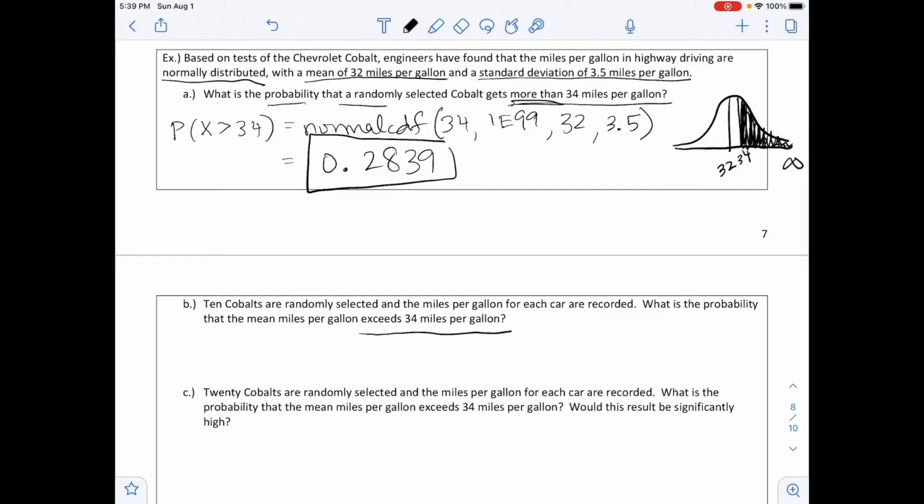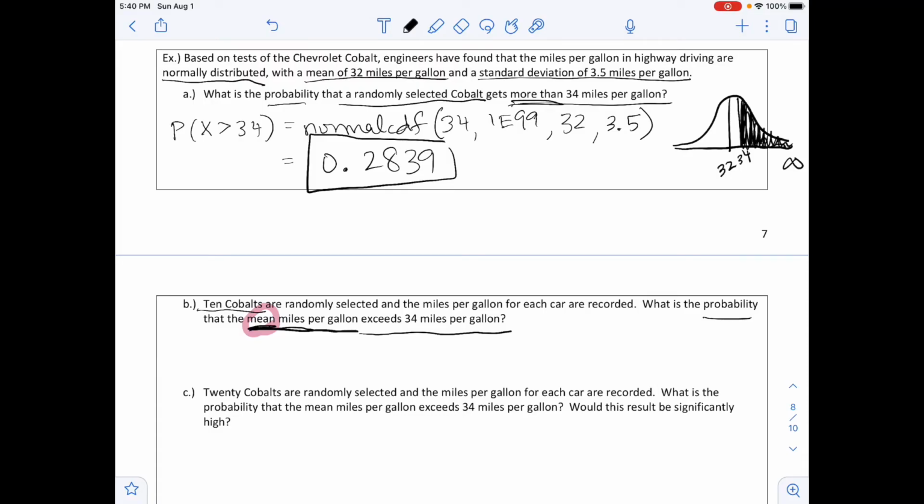This one says a randomly selected Cobalt, part A, whereas part B says 10 Cobalts are randomly selected. And then also it says, what is the probability that the mean miles per gallon, and that word mean was not in part A or what we have seen previously.